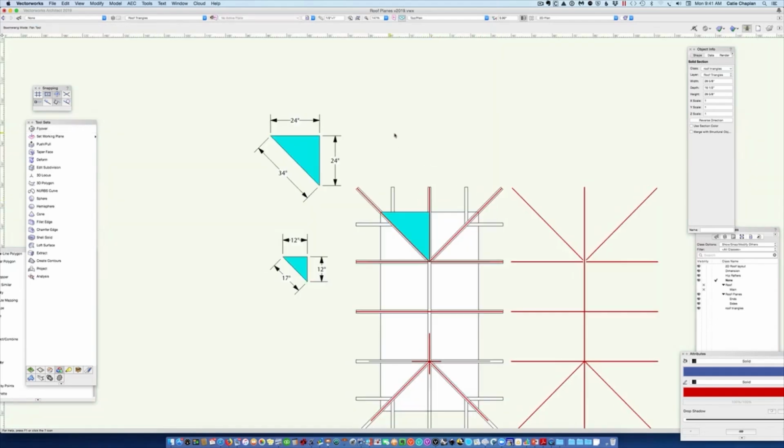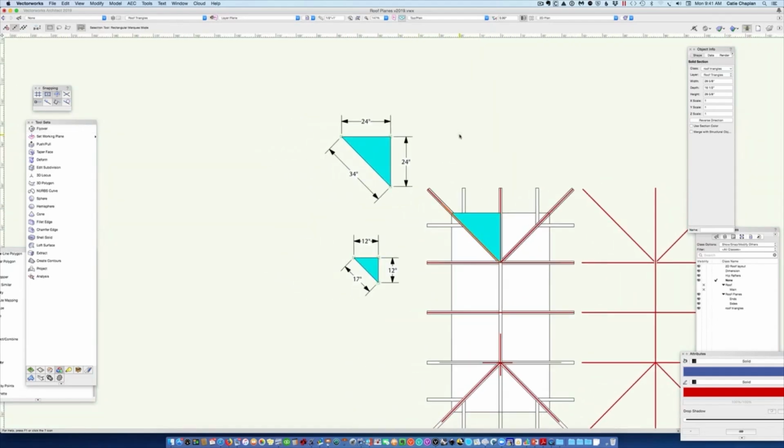The reason for that is if we go back to our right triangle and we're looking at this in top plan, if we have 12 inches along one side and 12 inches along the other side, the distance between those two sides, the hypotenuse, if you do the Pythagorean theorem, a squared plus b squared equals c squared, and then you take the square root of it all, you get 16.97, close enough for us to call it 17 inches.